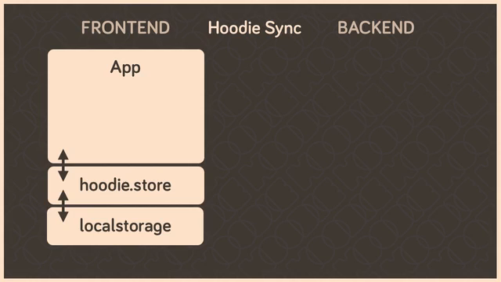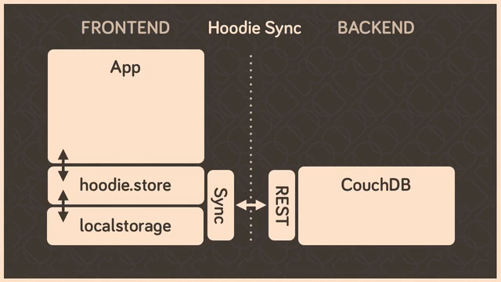And that by itself is enough for an application, really. Do you even need to store anything on your server? Do you need to store credentials, or even less than credentials? You might not. But let's assume you need a server. What we do then is we have Hoodie sync all the content from local storage into a CouchDB over REST API.